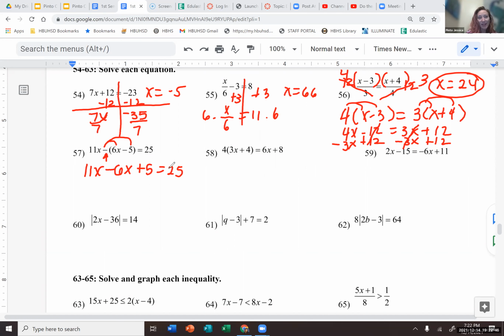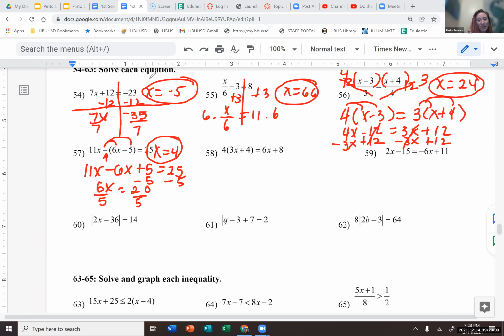Now that parenthesis is no longer needed, and so I can combine my like terms. This is 5x, and I'll subtract 5 is equal to 20. And then I divide by 5, and I get x is equal to 4. Circling my answers.